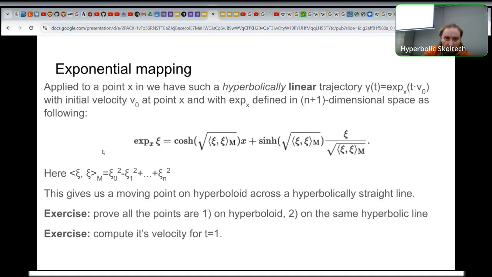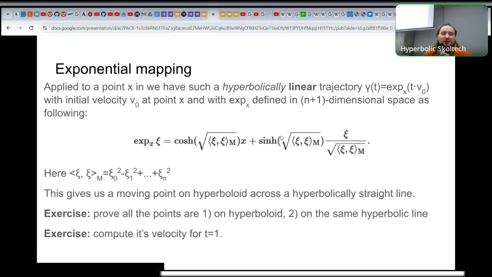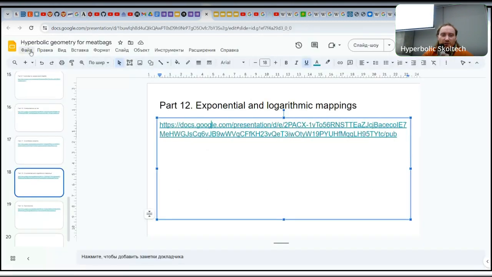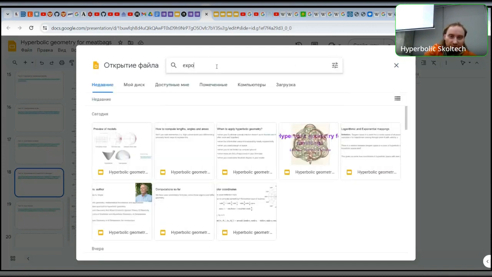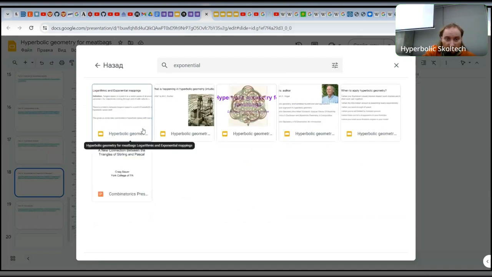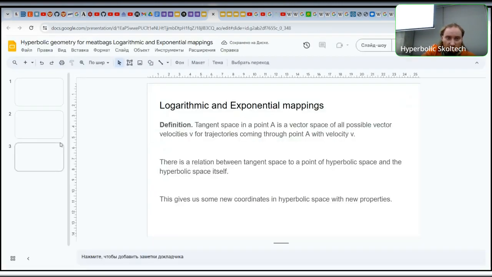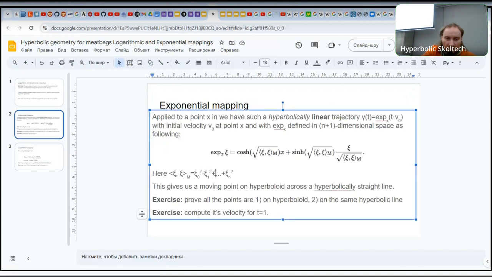Can you specify the metric denoted by n? Yeah, here it is. Sorry.